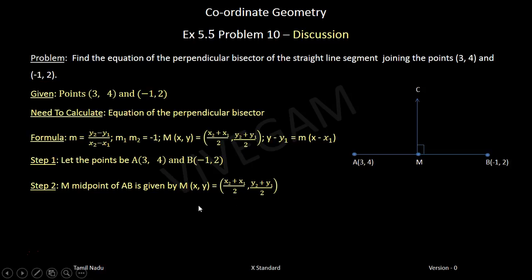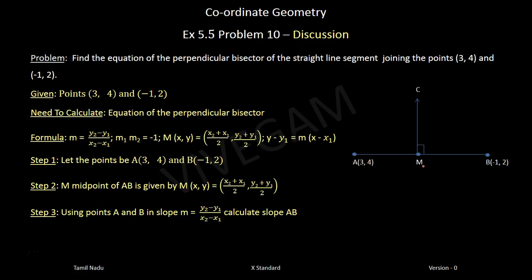Okay, so the next step will be using the points A and B in the slope equation, y2 minus y1 by x2 minus x1, to calculate the slope of AB. So this is x1, y1 and this is x2, y2. So using these two points, calculate the slope of AB. Right?